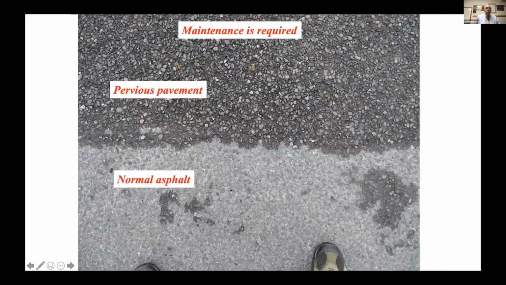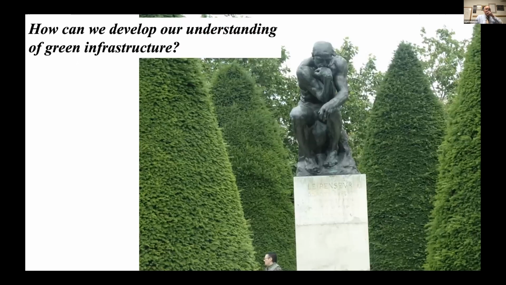And this isn't just normal pavement in many instances, like normal asphalt that we see here in the lower portion of the screen. We have pervious pavement or pervious asphalt, which is very porous, but it requires routine maintenance and vacuuming in order to keep it from being plugged. So this is a pretty complex system.